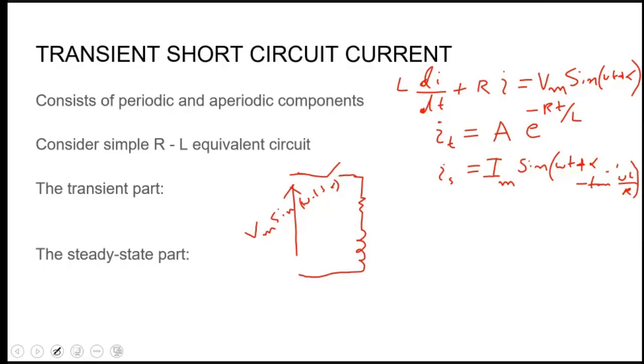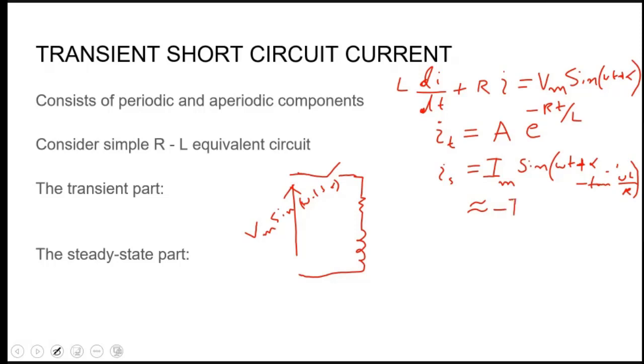But this can be approximated. See that omega L by R, normally the reactive portion is more and the resistive portion is less, so tan inverse omega L by R can be approximated as 90 degrees. So this will become minus Im cos omega t plus alpha.